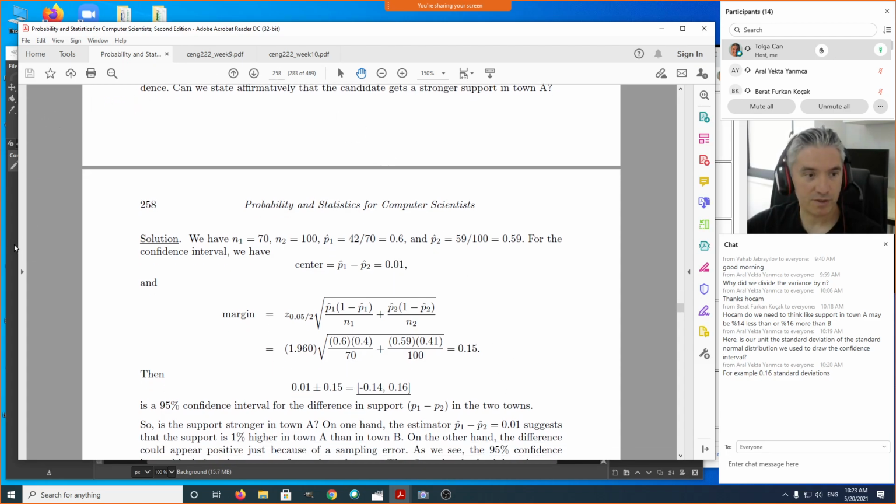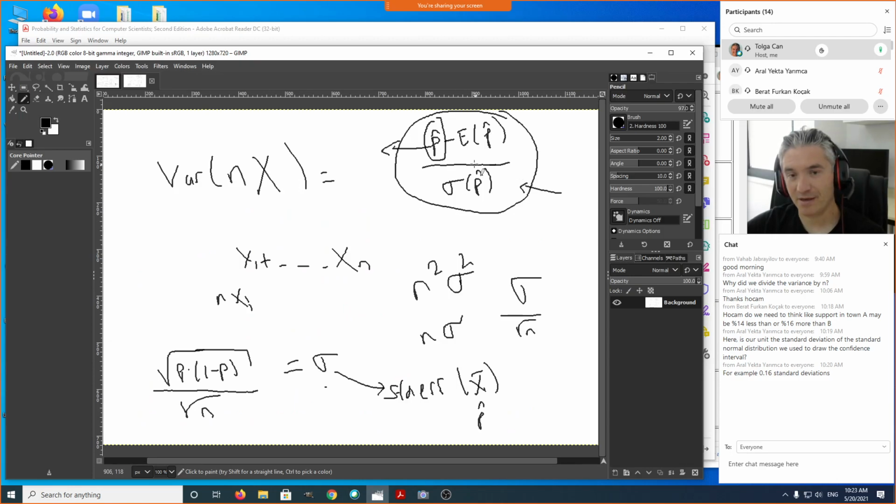Okay, again, it's the same thing here. We standardize it. A non-standard random variable, you subtract its expected value and you divide by the standard error. This becomes z. This becomes the standard normal variable when you do that.